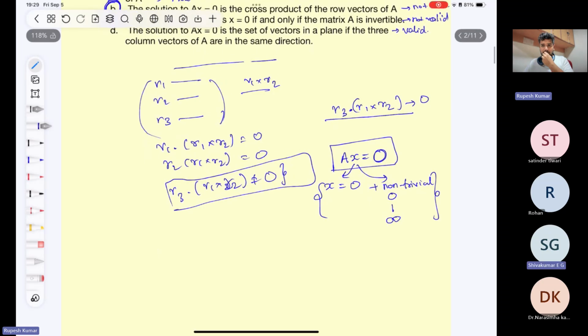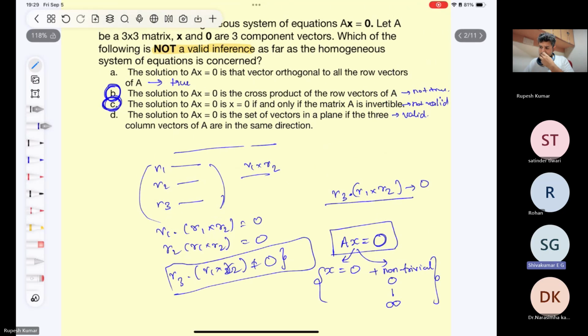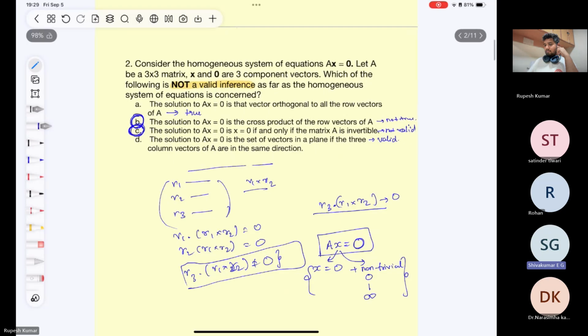So what doubt do you have? My doubt was, I've said that matrix A invertible means all the three component vectors are linearly independent, right? Invertible, yes, linearly independent. So Satinder, there is no question of raising an issue of linear dependence there, correct?